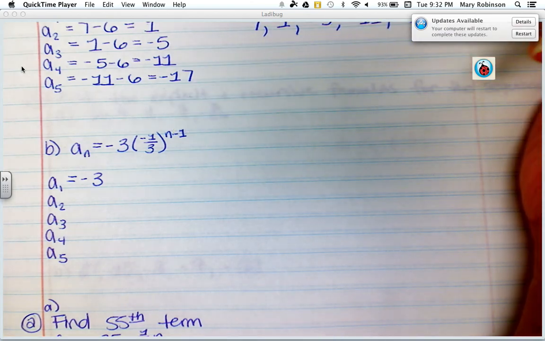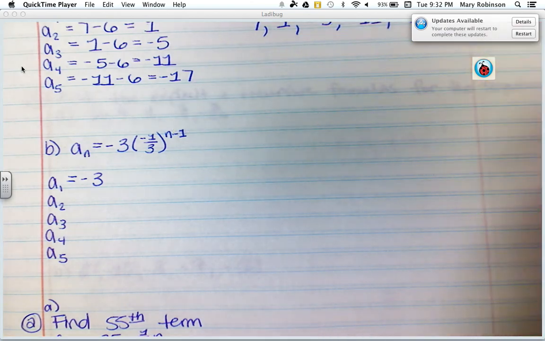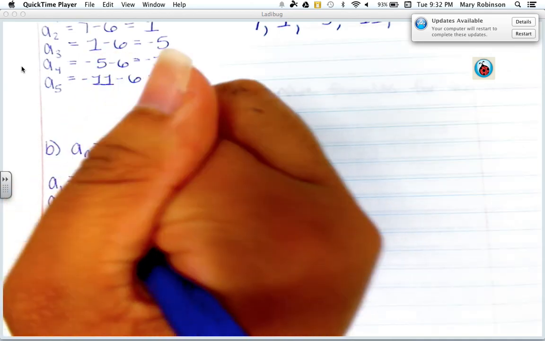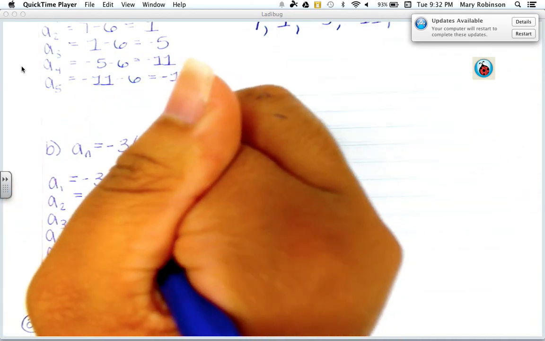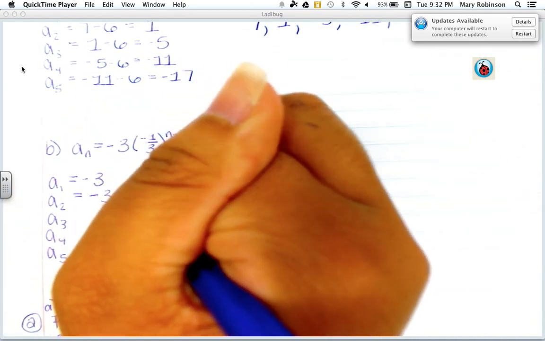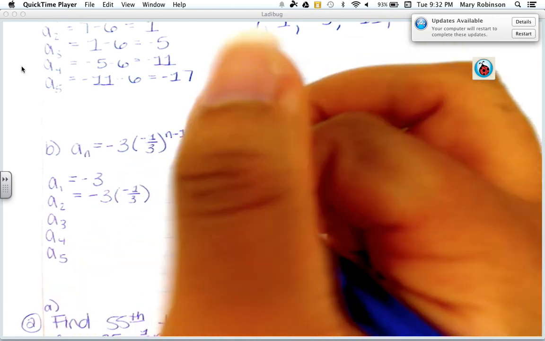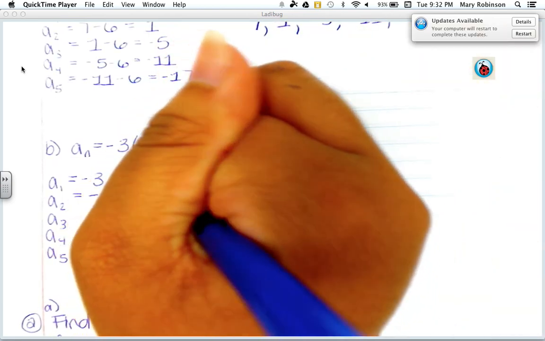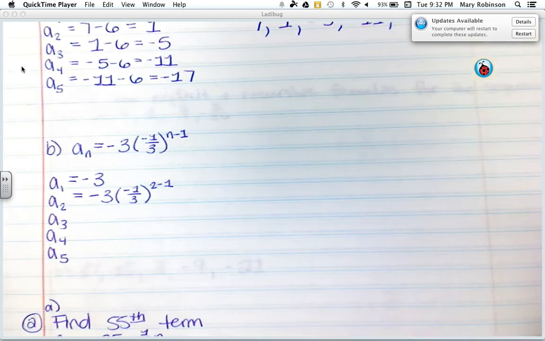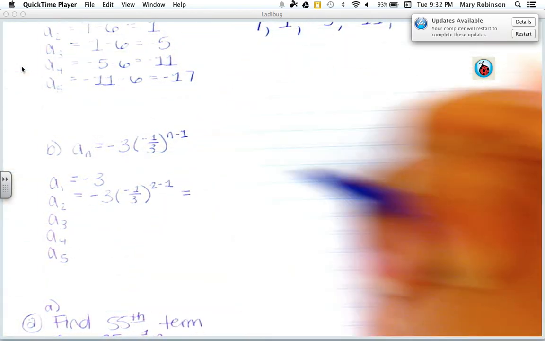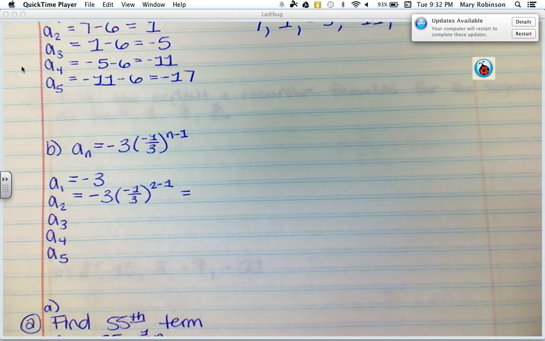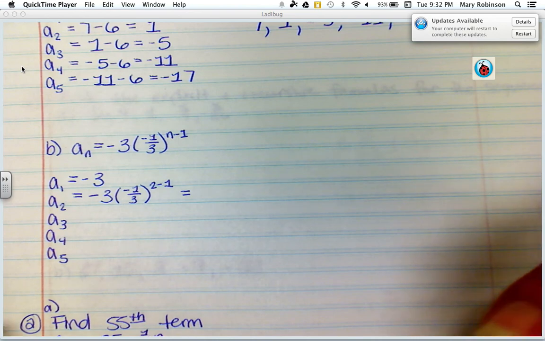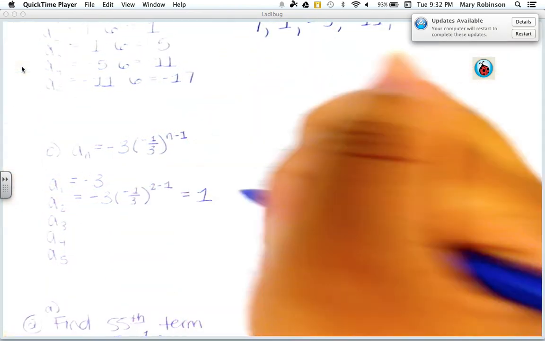So negative 1/3 is your R value. In order to find the second term, we are going to do negative 3 times negative 1 over 3 to the 2 minus 1 power. So 2 minus 1 is just 1, so it's going to be negative 3 times negative 1/3, and that gives you positive 1.